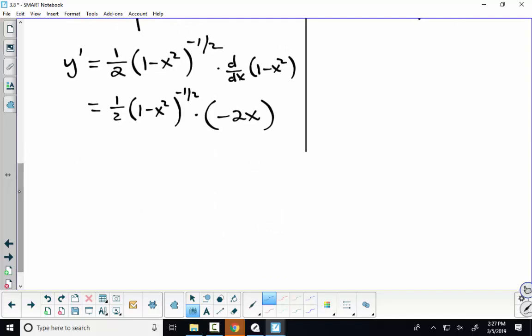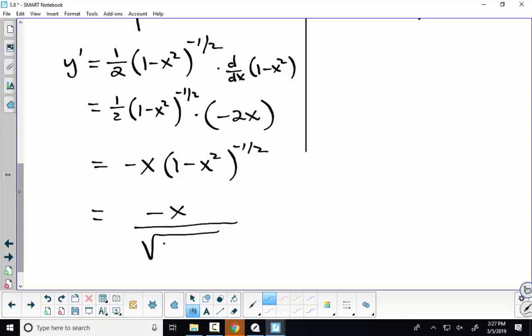So the negative 2 rather than the 1/2 divide away. We have this negative x times the quantity 1 minus x squared to the negative 1/2. Or if we want to write it as negative x over the square root of 1 minus x squared, we can do that.